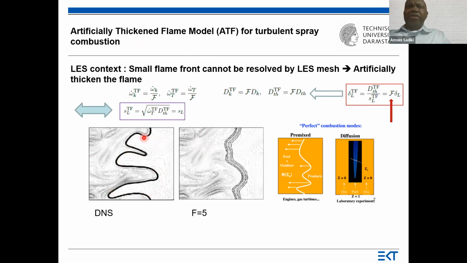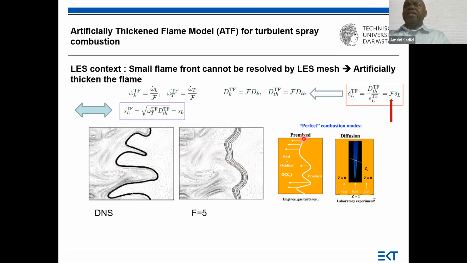To make it resolvable by LES, the way is to thicken it, and this is what we do here. If we thicken it, we also reduce the wrinkling. And if we reduce the wrinkling, then we have to reintroduce a wrinkling model to obtain the previous physical properties.